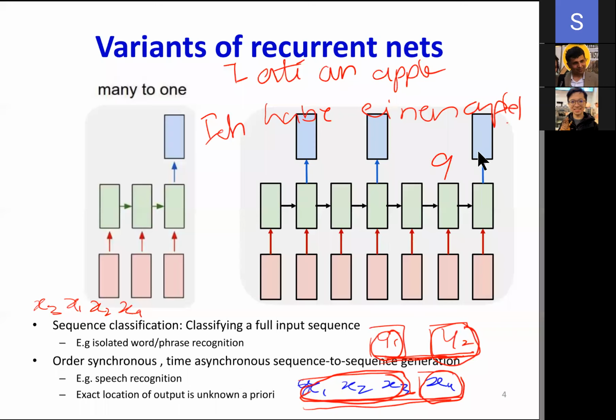Now, look at what happens. Ate is the second word going in. Gegessen is the last word coming out. Apple is the last word going in, but Apfel is the second to last word coming out. So there's no left to right correspondence between the input and the output in this particular example.